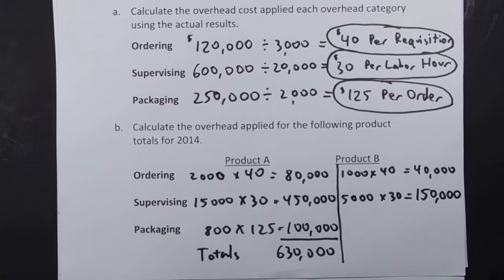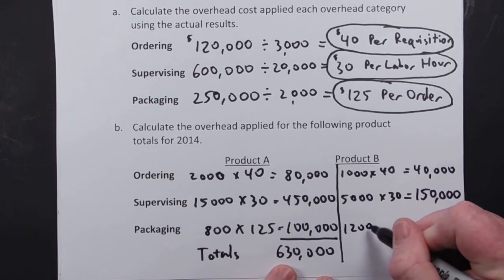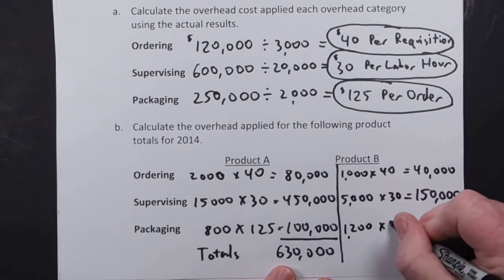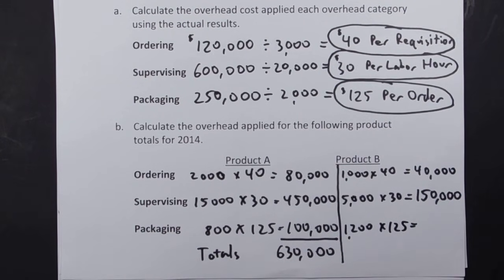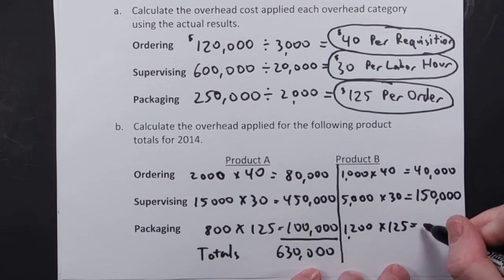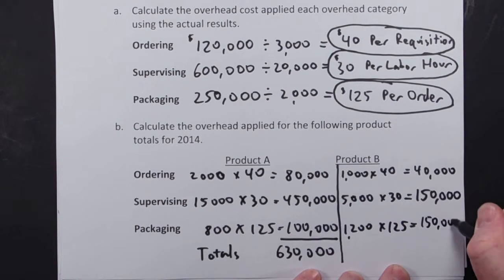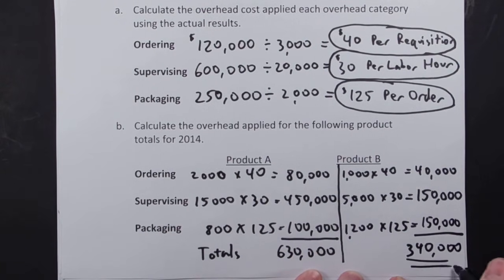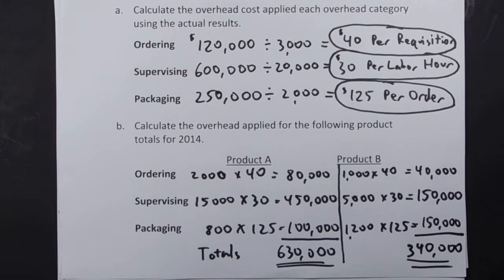And 1,200 times 125 equals 150,000. Add all of them up. So 40,000 plus the 150,000 plus the 150,000 gives us a total of 340,000. So product A would have 630,000 applied. Product B would have 340,000 applied.